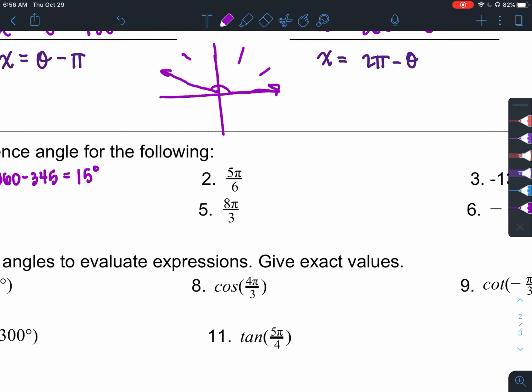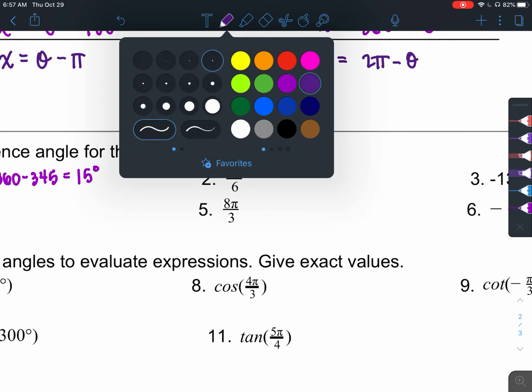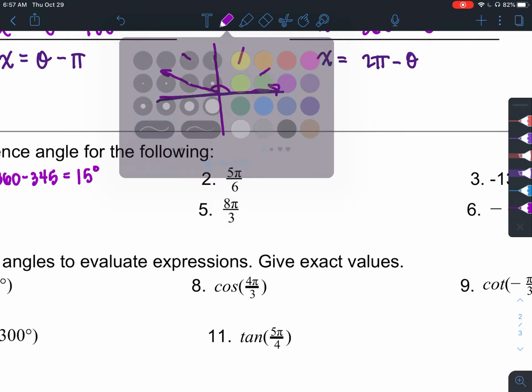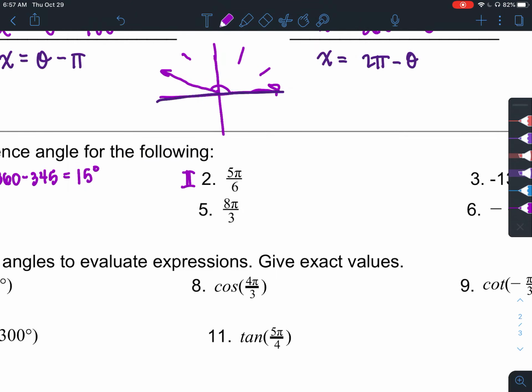So what I'm going to do is I'm going to take this straight angle minus my theta to get my angle. So I want to do pi minus 5 pi over 6 to get my reference angle. Now, pi is the same thing as 6 pi over 6, minus 5 pi over 6 is 1 pi over 6.